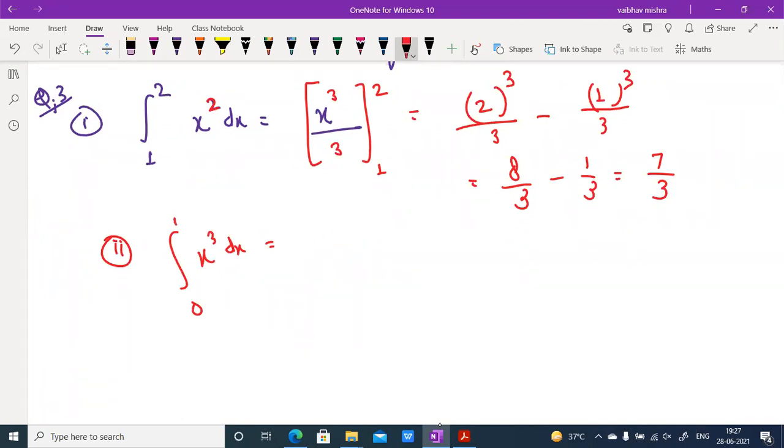What will be the integration? Sir, x to the power 4 by 4, and limit from 0 to 1. Okay, so apply the limit, it becomes 1 to the power 4 by 4 minus 0 by 4. So this will be 1 by 4.